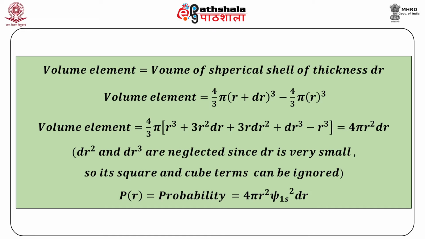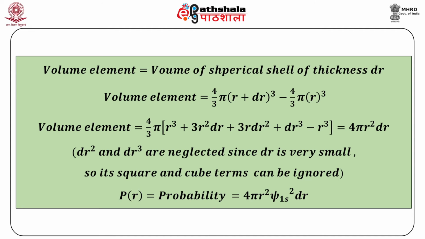Therefore, it would mean the volume of the external sphere of radius r plus dr minus volume of the internal sphere which is of radius r. And if we do that and subtract, we get the volume element which is ultimately 4 pi r square dr.